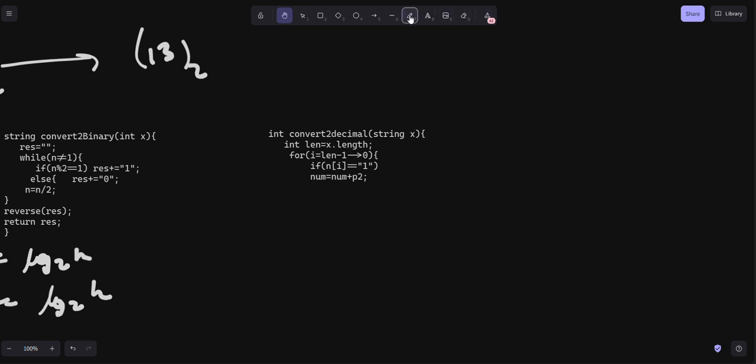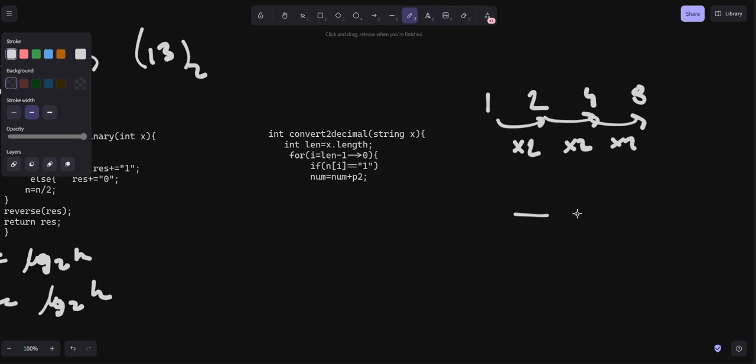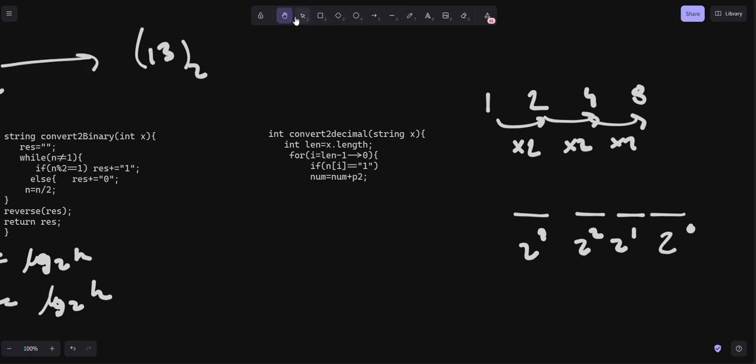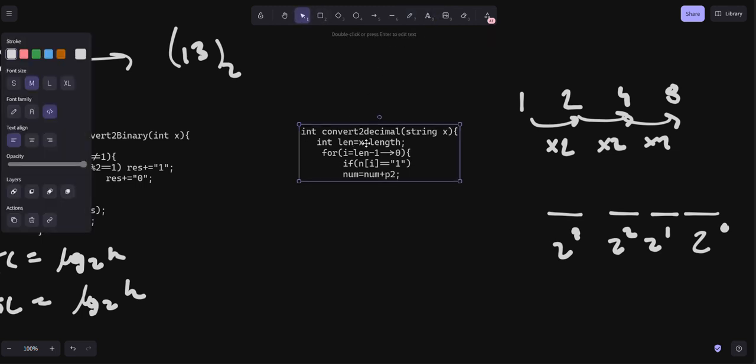What was happening in our first thing, like 1 2 4, it goes like this, so we need to go in this way. We are basically multiplying by 2, 2, 2, the thing which I told you here: 2 to the 0, 2 to the 1, 2 to the 2, 2 to the 3. We are going in that way. Hence I'm multiplying it by 2.